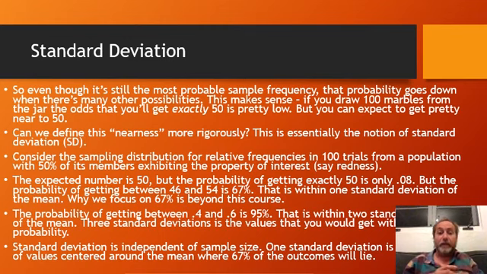However, the probability of getting somewhere between 46 and 54 is 67%. Now that's a much healthier probability. It says I pull 100 marbles out of my jar, and there's a 67% chance that I'm going to get either 46 reds or 47 or 48 or 49 or 50 or 51 or 52 or 53 or 54.